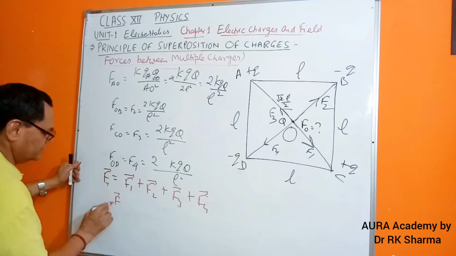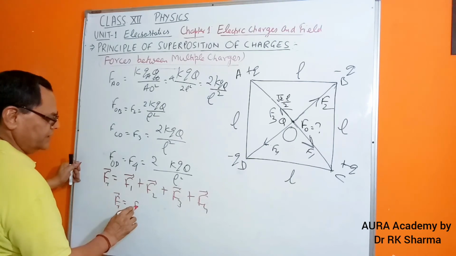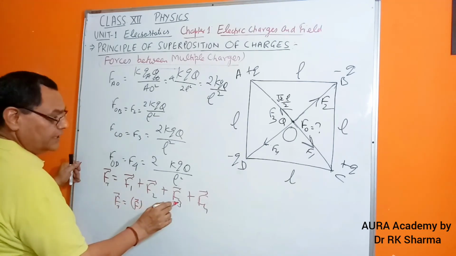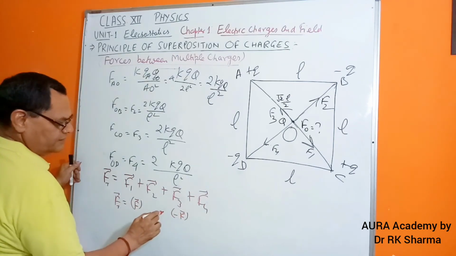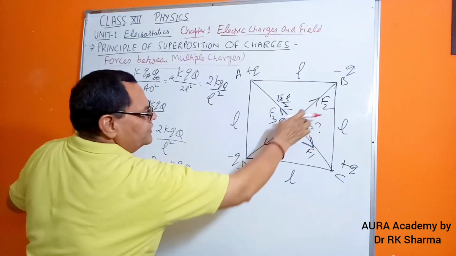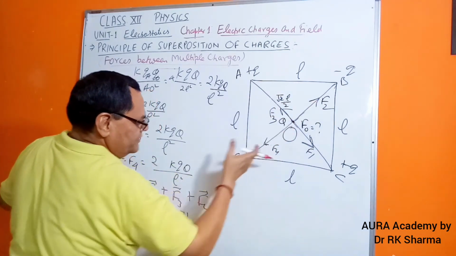So F total will be equal to F1. Let's say it is F numerically, alright? In a particular direction, okay? And F3 was minus of this, so you will put it like this, clear? Now talk about F2, okay? F2 and F4 are also F each, but if you take this as positive, then this will be negative of this.